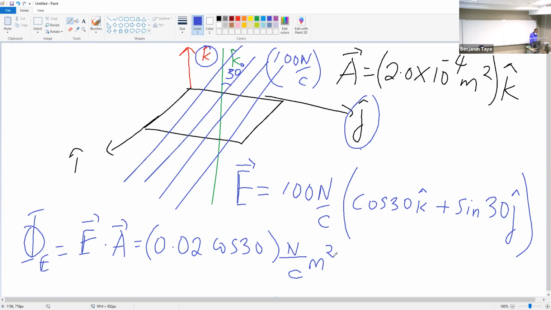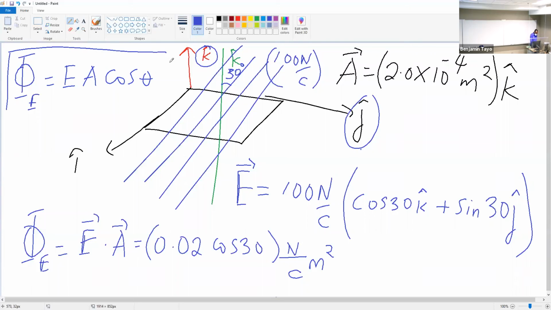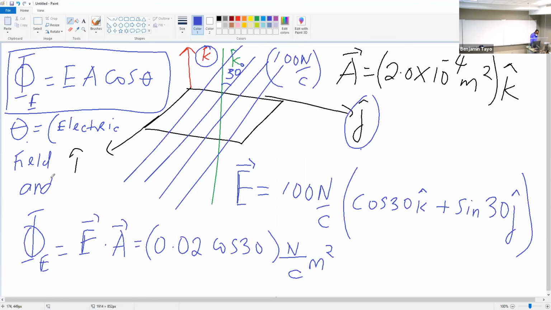Now with this, I'll just show you that the general definition of the flux is the magnitude of the electric field, times the magnitude of the area, times the cosine of the angle, where theta is the angle between the electric field vector and the area.